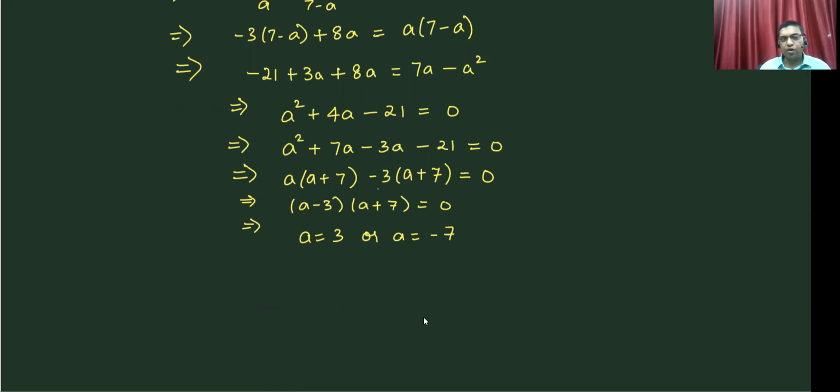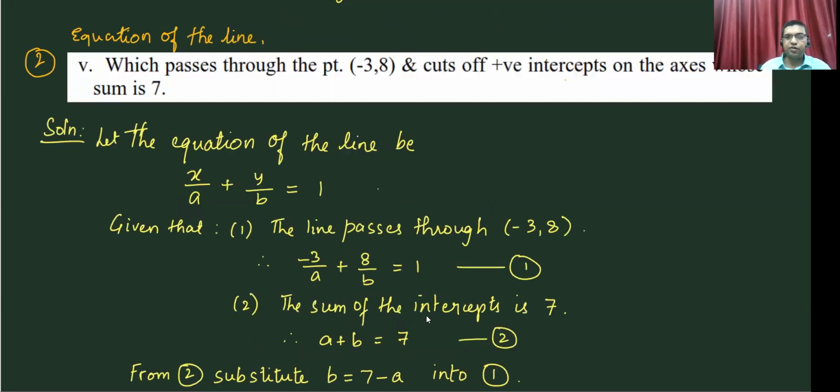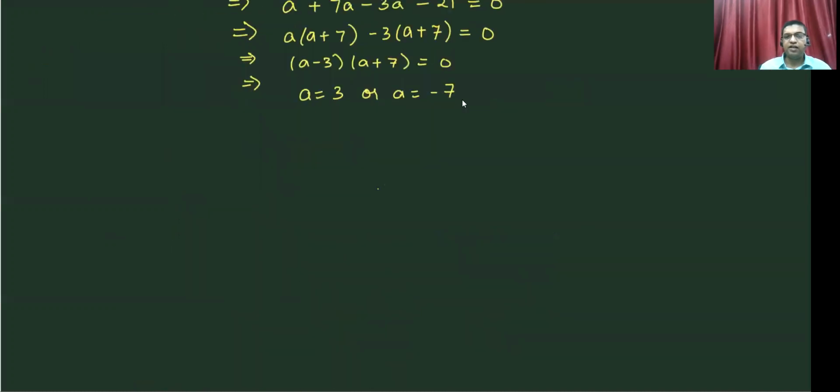Why? Because a = -7, what is the given question? It cuts off positive intercepts. So a cannot be negative. Therefore a = 3, since a is positive.